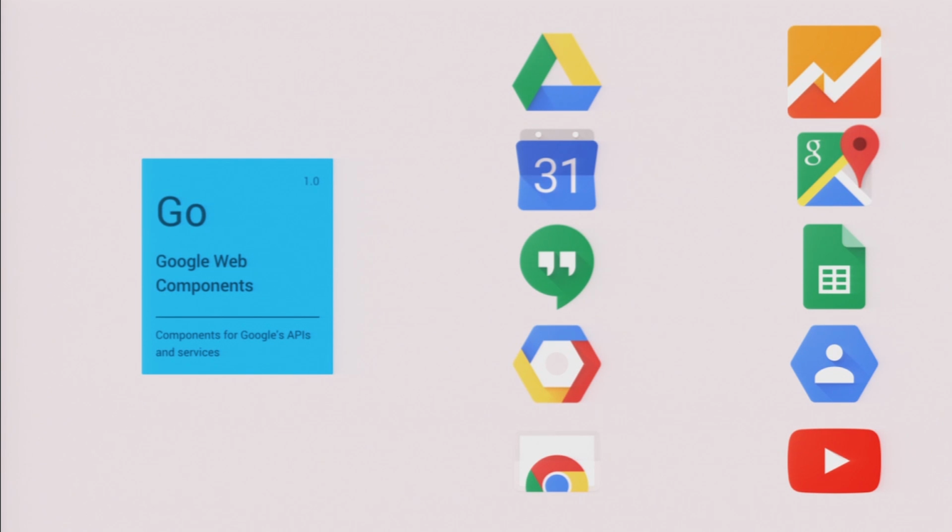These services can be really powerful, but they can often be a little difficult to set up and not always designed from a web developer's perspective. So you could think of the Google Web Components as an SDK for various Google APIs that are all surfaced as elements and all work together nicely and will behave when composed together. So if you need to work with maps or charts or YouTube, there's an element for that.